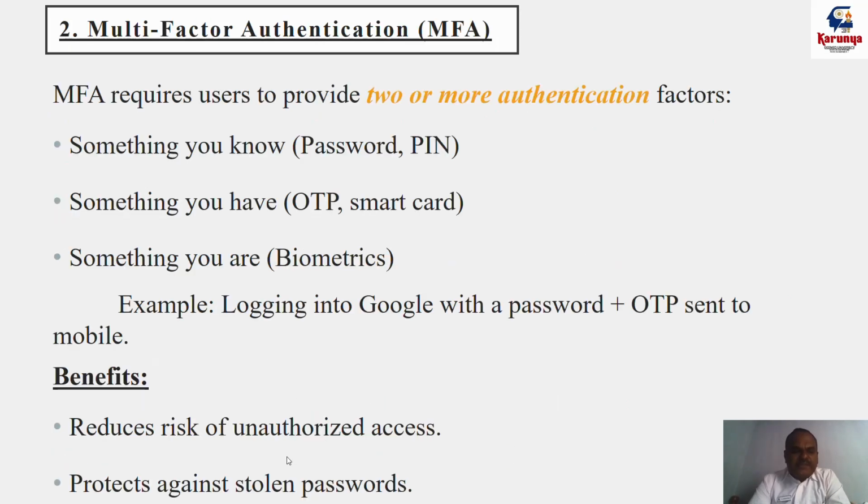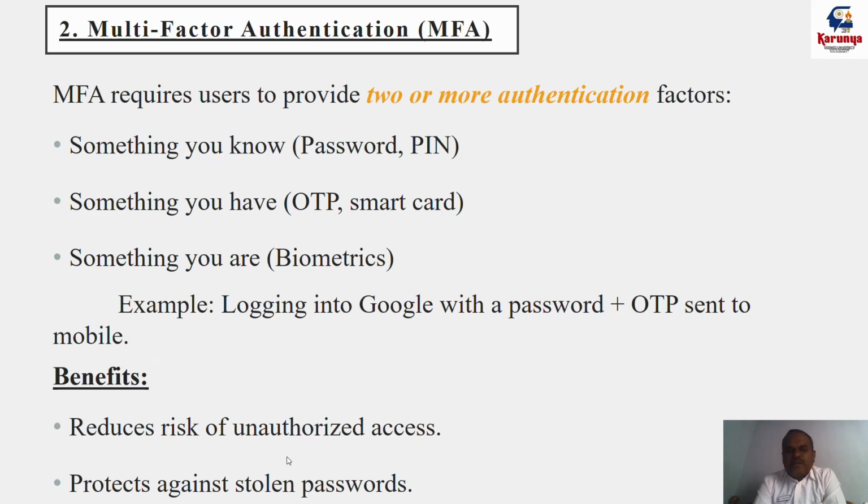Then the second one, which is called multi-factor authentication, MFA. There are two or more authentication factors in multi-factor authentication. Number one, the password and PIN. Suppose we can set a password or a PIN. For example, for a credit or debit card, we can set a PIN number. Otherwise we can use a one-time password.